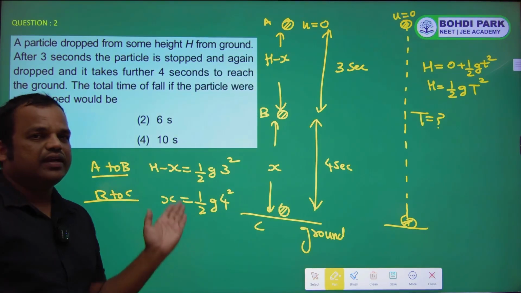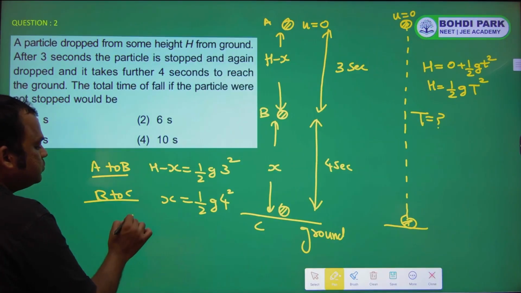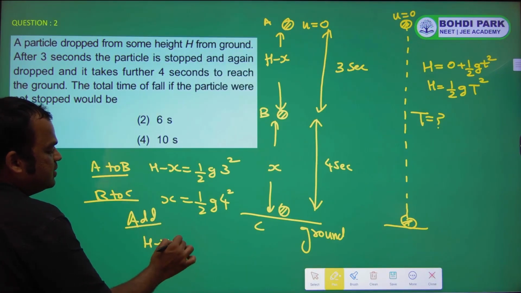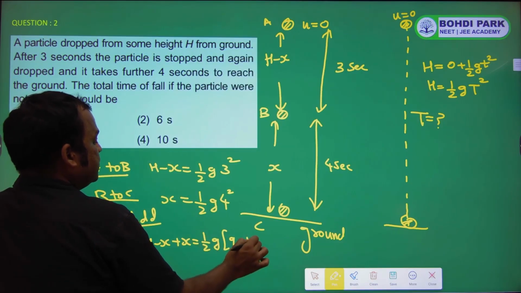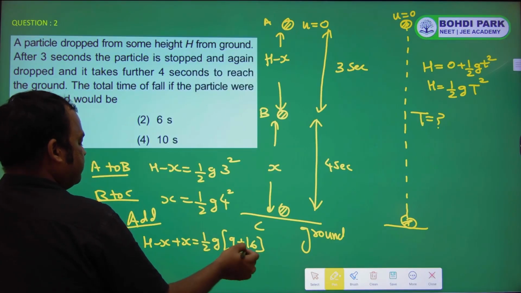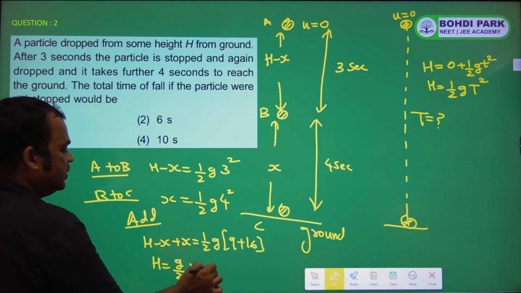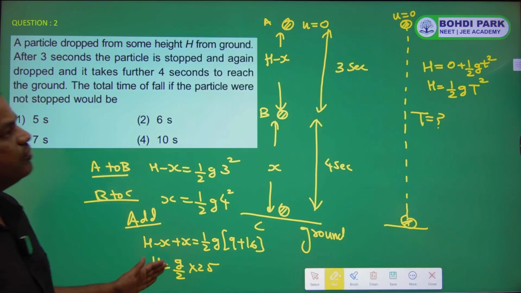Now if you add these two equations we will get h. So add, so h minus x plus x is equal to half g into 9 plus 16, so this will become 25. So h is equal to g by 2 into 25. Now put this value of h over here.